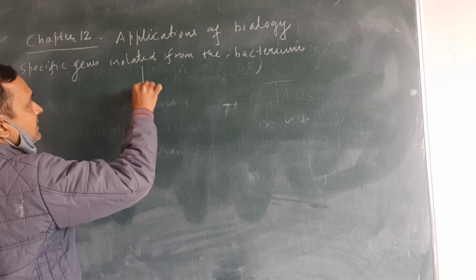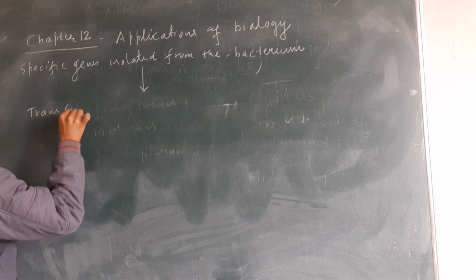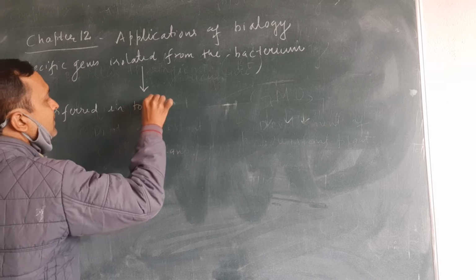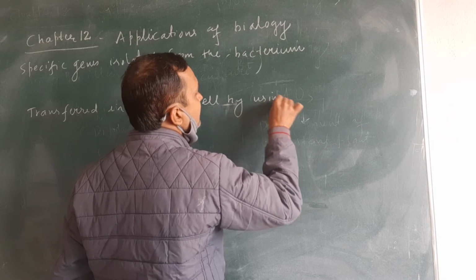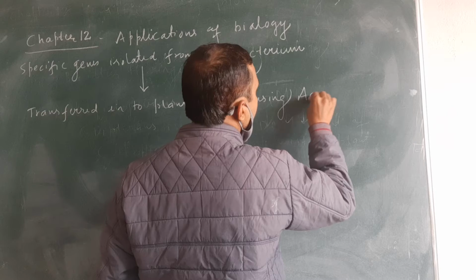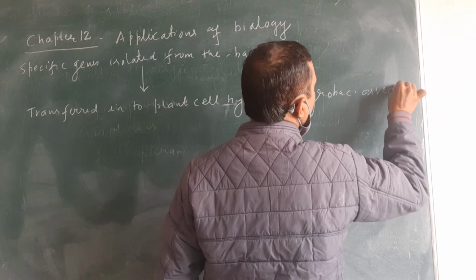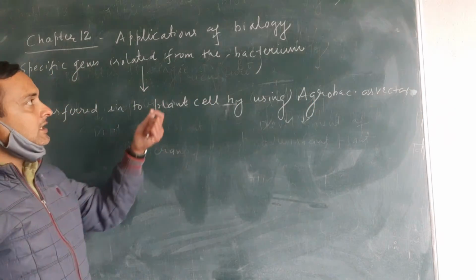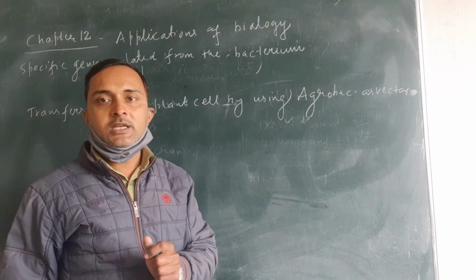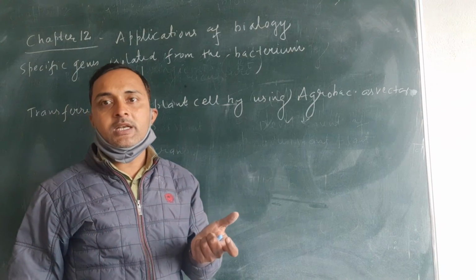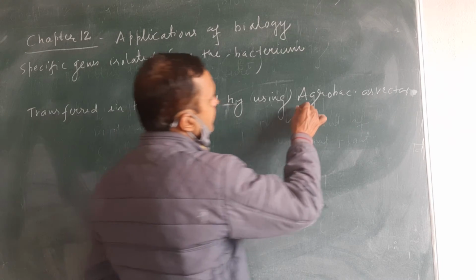After isolation, the next step is to transfer it into the plant cell by using Agrobacterium as vector. That gene gives resistance against three groups of insects: lepidopterans, dipterans and coleopterans.